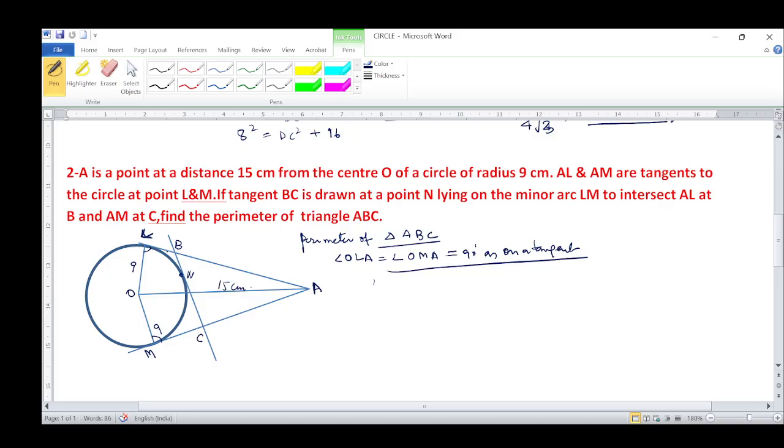Now if you take this right angle triangle, so OA square is equal to what? OL square plus LA square. OA square is known to us, it is 15 square. OL square is 9 square plus LA square.